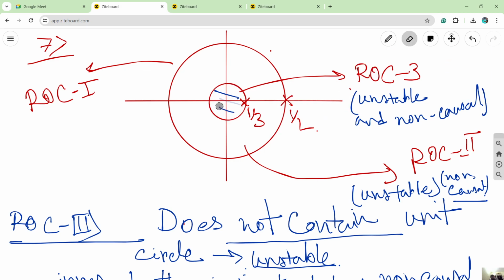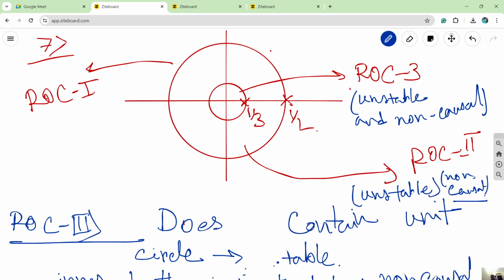Now let us go to ROC1, that is outside. For ROC1, it does contain the unit circle. So this is stable. And it is also outer to the outermost pole.